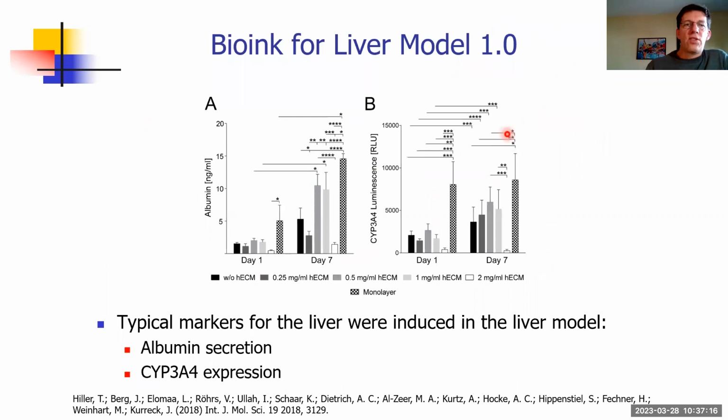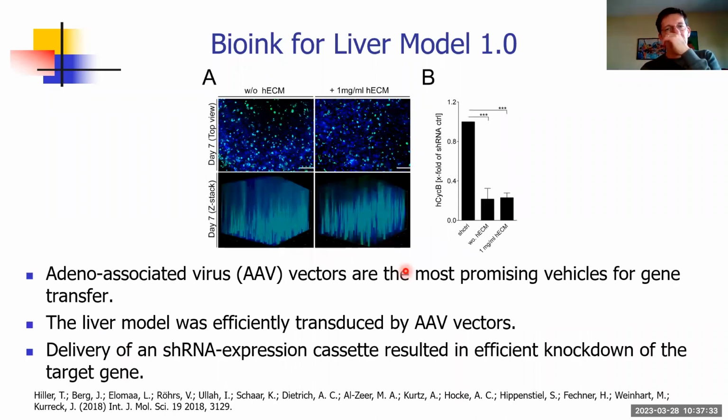For the liver, the nice thing is that you can measure different markers. For example, we measure albumin secretion or cytochrome P450 3A4 expression, and we find our models to express these markers at high levels. And then again, we also did some infection and also some transduction studies. As you may know, there are intensive efforts to use viral vectors for gene transfer in gene therapeutic applications. And the most promising vector here is an adeno-associated virus.